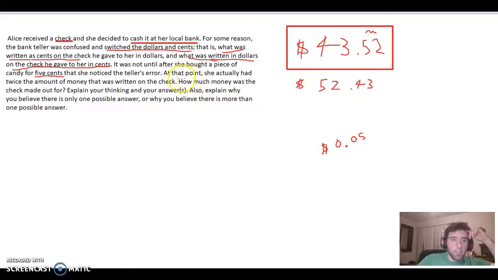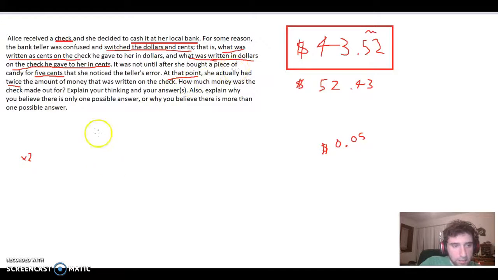Let's see. It was not until after she bought a piece of candy for 5 cents that she noticed the teller's error. At that point, at what point again? Oh, okay, so at the point after she'd bought the candy, when she noticed the error. So at that point, she actually had twice. So I know twice means times 2.